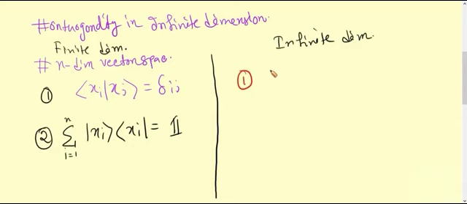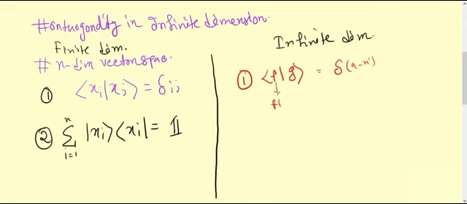In infinite dimensions, since we are taking functions to be our vectors, we are going to represent our bases like this. Let's say you have one function f, and you can see that I'm putting it inside a bra, and another function g, and if these two are orthogonal to each other, then you should get a delta function, but instead of delta ij, now you will have delta of x minus x prime.